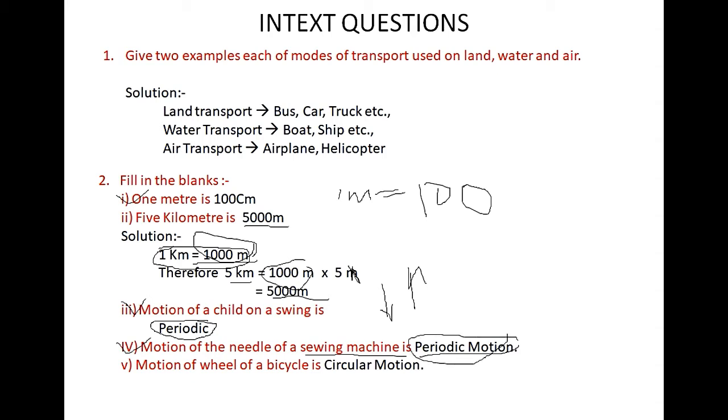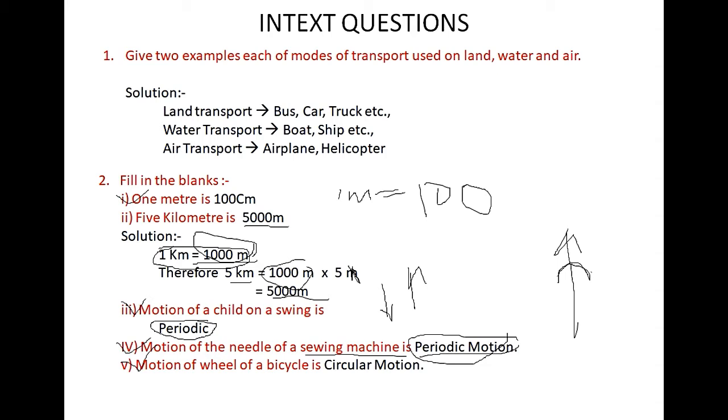The next, fifth subdivision: motion of the wheel of a bicycle is which type of motion? As we all know, if a person is traveling on a bicycle, the road is linear, and the handlebar will give linear motion. With the help of the pedal, we are pressing the pedal in an upward as well as downward direction.